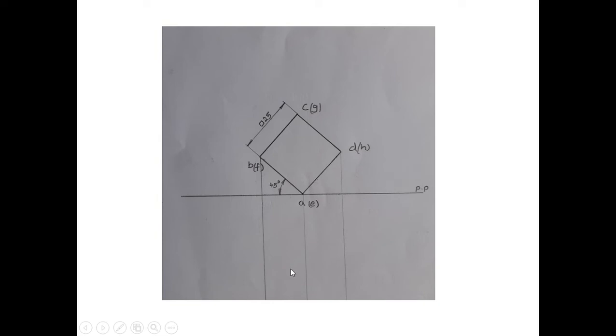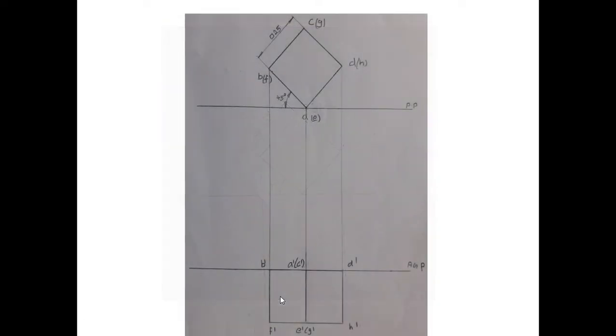Then you can drop all the points to the auxiliary ground plane like this. Now it is not the ground plane but an auxiliary ground plane, and the top face of the object is touching the auxiliary ground plane. That means the object is hanging downwards like this, not above. It is not resting on the auxiliary ground plane, but hanging downwards because the top face is touching the auxiliary ground plane.